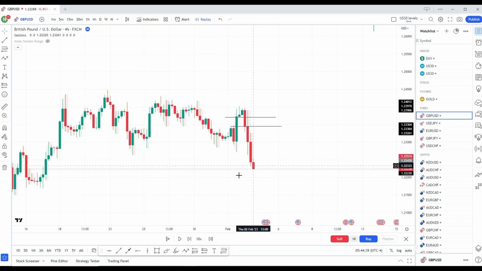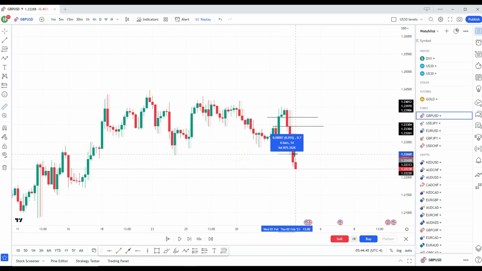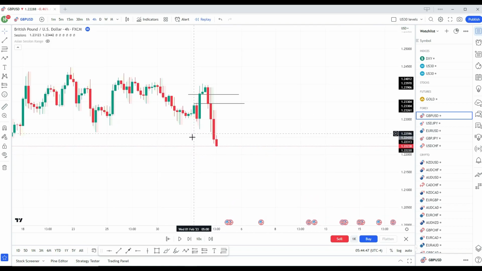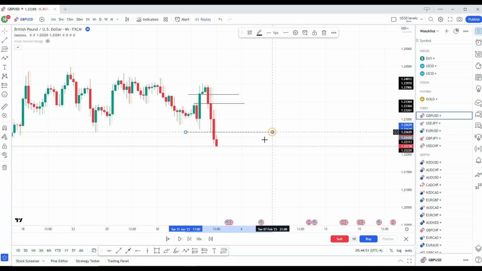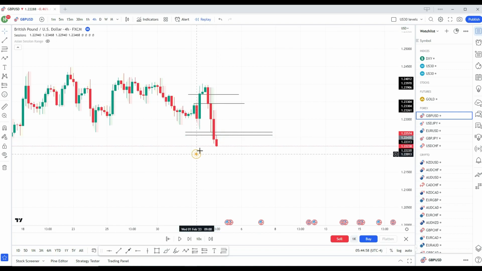So again, there is a space here in between this candle and this candle. So there's a gap.